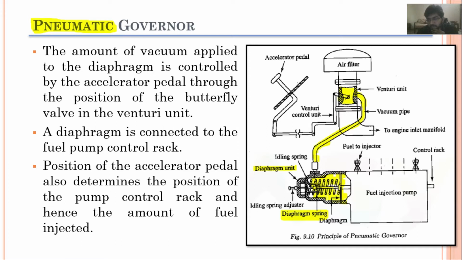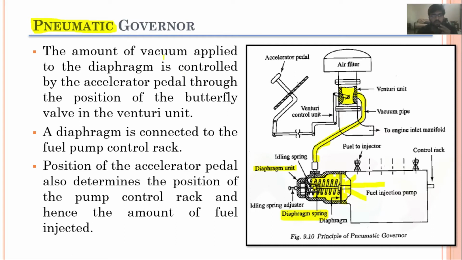When the vacuum is generated, this diaphragm will move against the spring force, and thus it will control the fuel rack and deliver the desired amount of fuel in the combustion chambers. This is how these pneumatic governors usually operate.